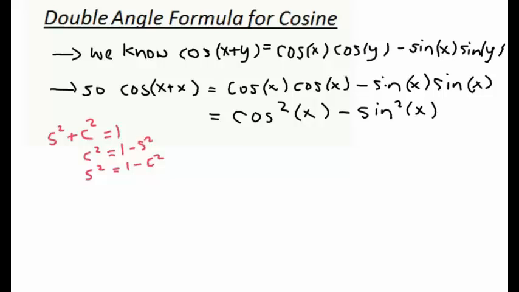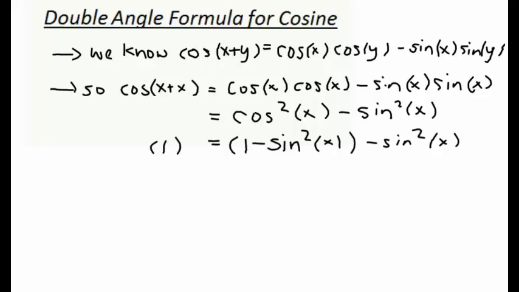Now this leads us to a couple different simplifications we can have for the double angle formula for cosine. Since we have the identity sine squared plus cosine squared is equal to 1, if I move the sine squared term over to the right-hand side, then I get cosine squared equals 1 minus sine squared. And if I were to move the cosine squared term over to the right-hand side, I could get sine squared is equal to 1 minus cosine squared. So I have two possible substitutions I could do for cosine squared or sine squared.